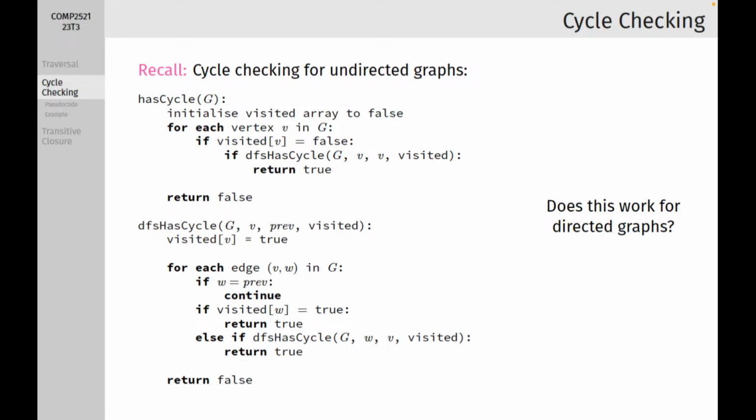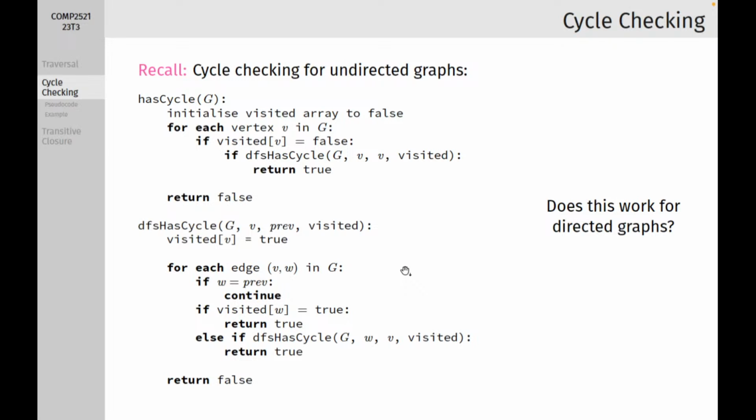Except for undirected graphs, we had to make sure that we ignore the vertex that we just came from, because otherwise, it would treat going back and forth along a single edge as a cycle. So that's why we have this previous argument here.